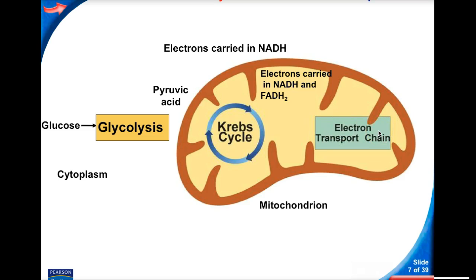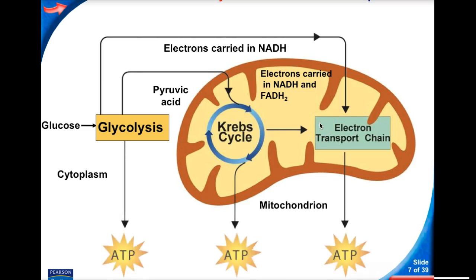Energy, of course, in the form of ATP. So these last two steps occur in the mitochondria after glycolysis, which takes place in the cytoplasm. But this entire process depends on oxygen, and you'll learn why oxygen is required in order for true cellular respiration to take place.